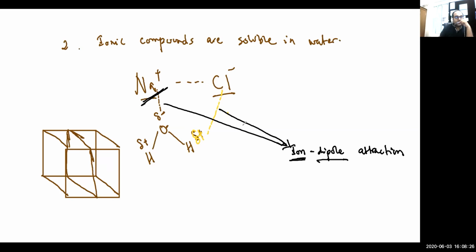An ion-dipole attraction only happens between charges. So here, if instead of sodium chloride we had methane with water, then there would not have been any attraction. Therefore, methane is insoluble in water, or organic compounds are insoluble in water.